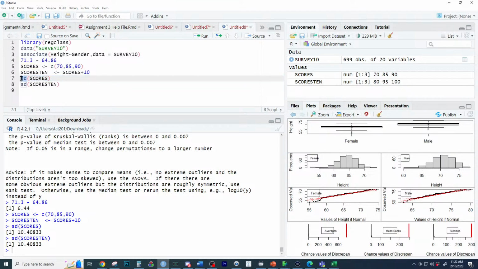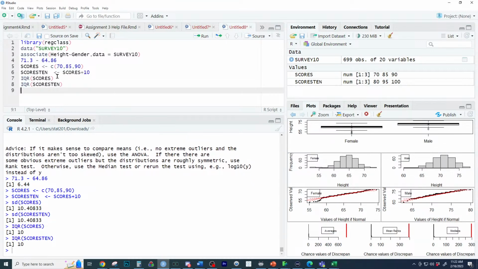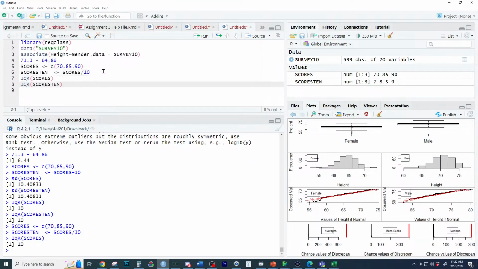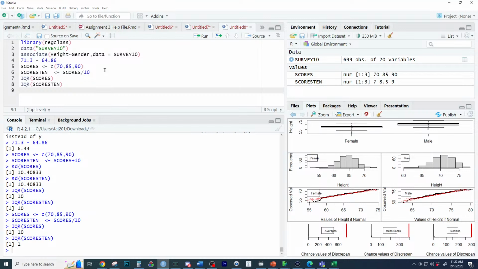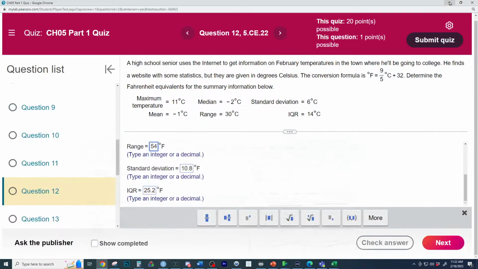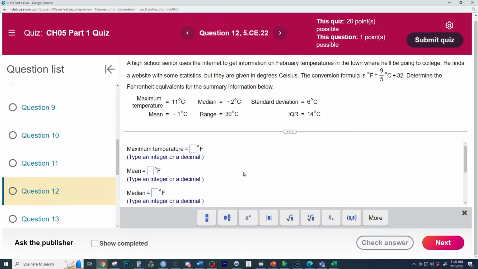I love code. You can just be like, here we go. There's the IQR. So the IQR did not change, but if we do scores times 10 and divide them by 10, then we will see the IQR is different right there, and the IQR gets divided by 10. So this is once again checking it really quickly with code to see that it is working. So we should get the right answers, is what I'm saying.